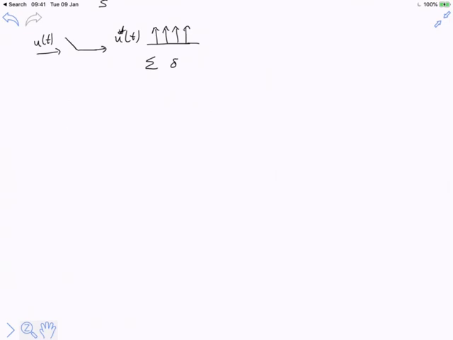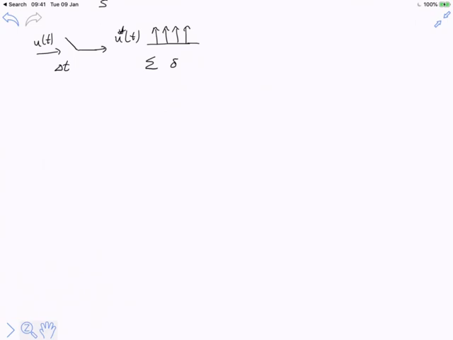Okay? So if this thing is sampling every delta t seconds, the timer is clicking. So the first time is 0, the second time is delta t, the third time is 2 delta t, 3 delta t, and so on.